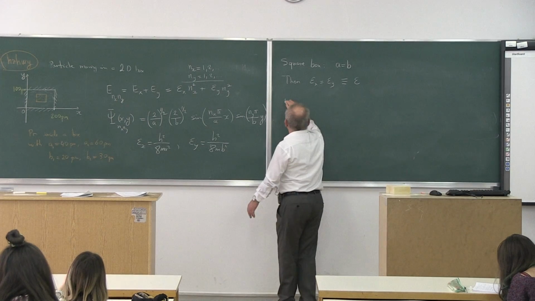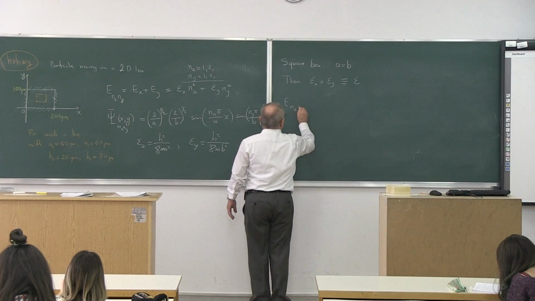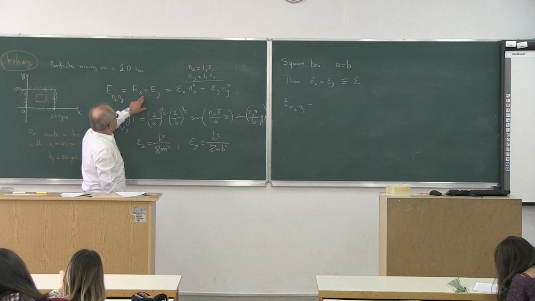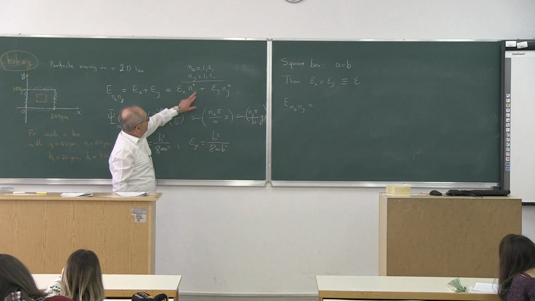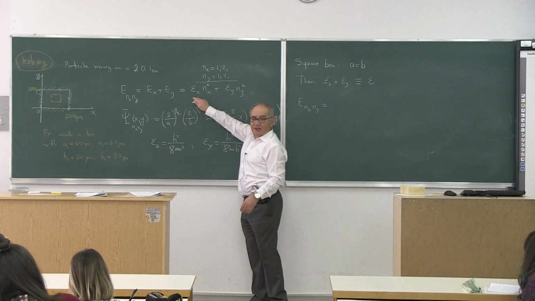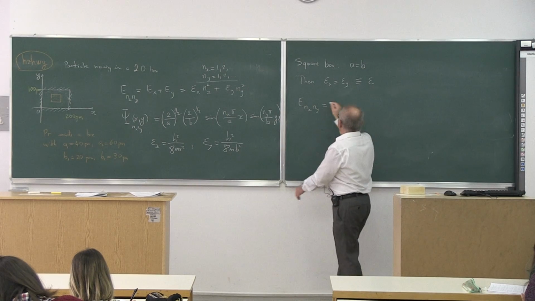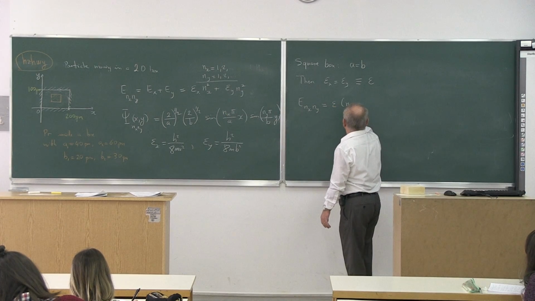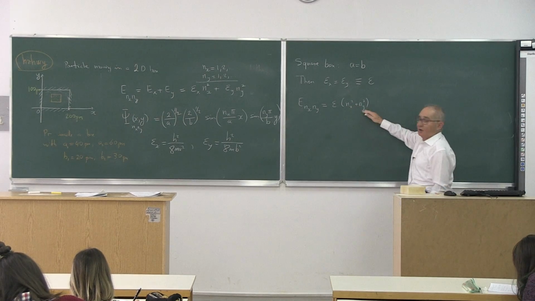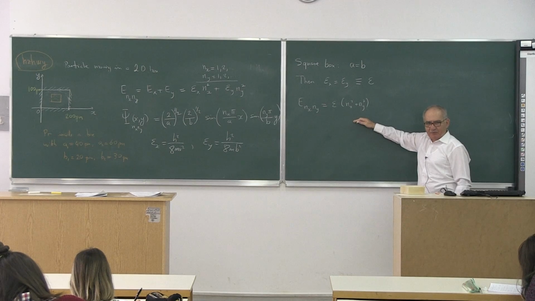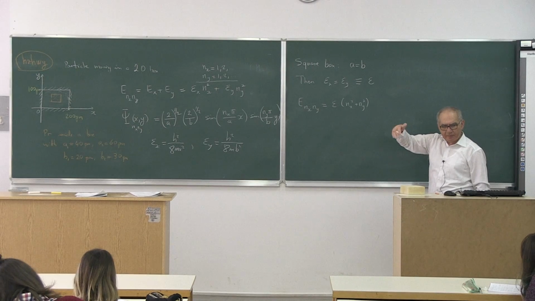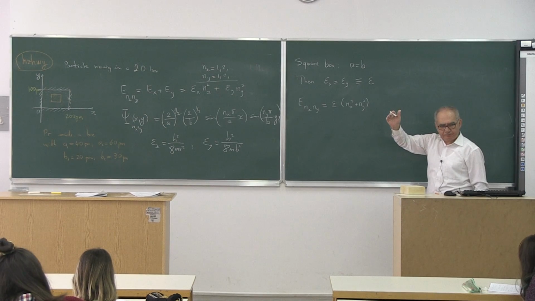In this case, our energy formula, which is this, we can write it as, because epsilon y and epsilon x are the same, we can factorize it. So it is epsilon times nx squared plus ny squared. This is our simplified expression if we are considering a square box. All right?